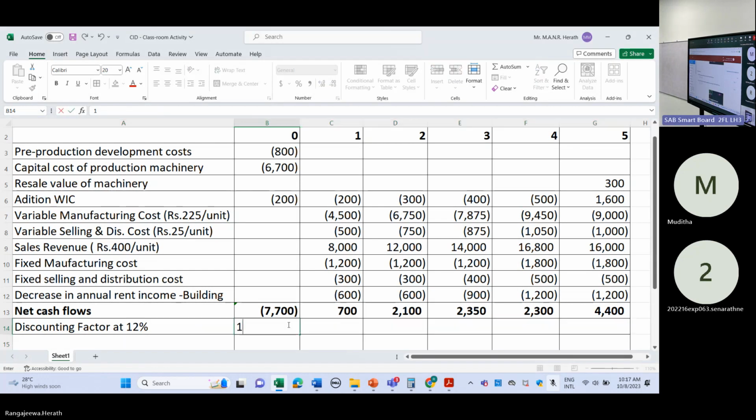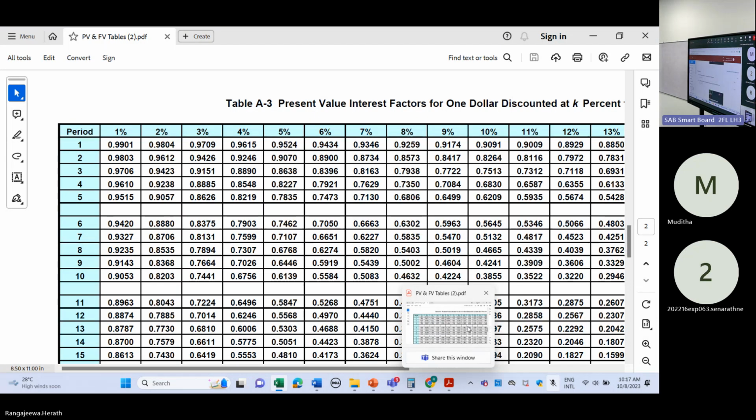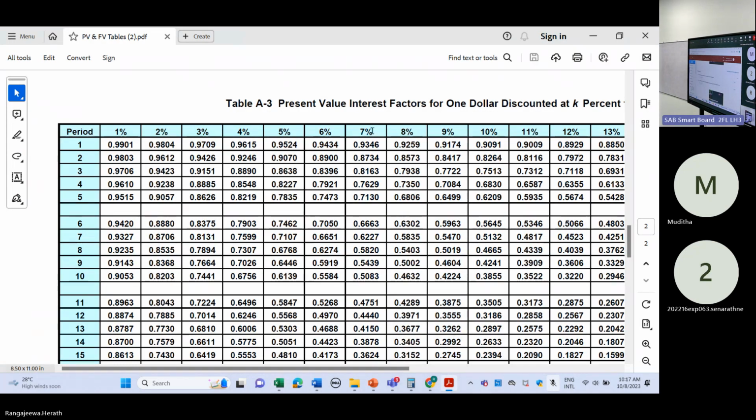Discounting factor: year 0, 1. Year 1, 12%, 0.8929. You can take the present value interest factor from a table. Year 2, 0.7972.